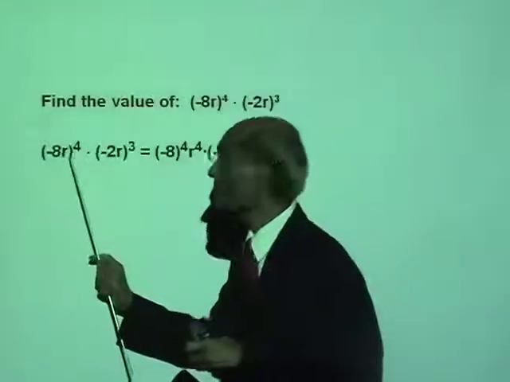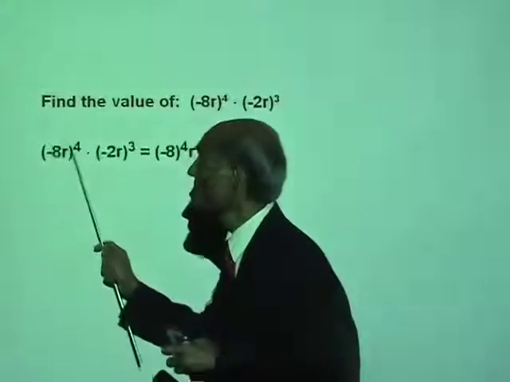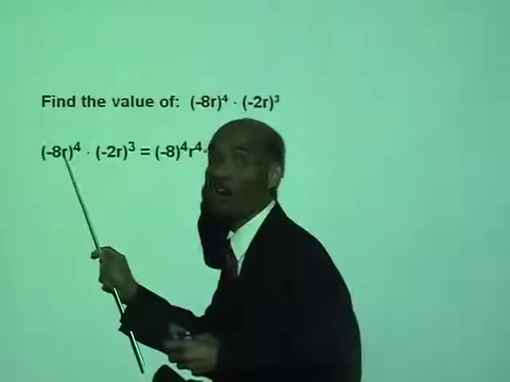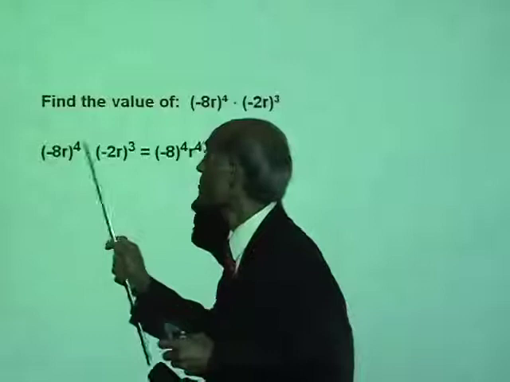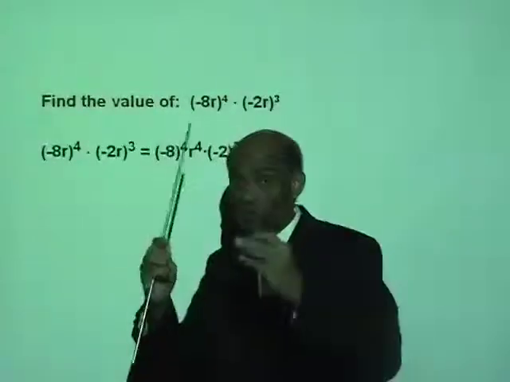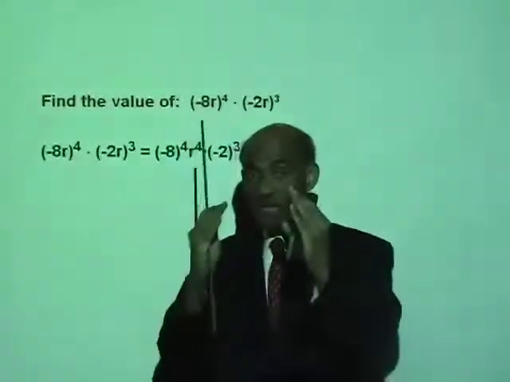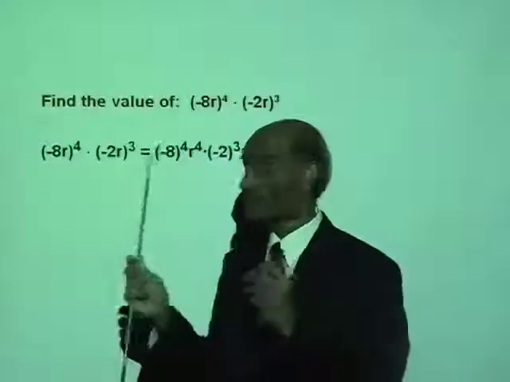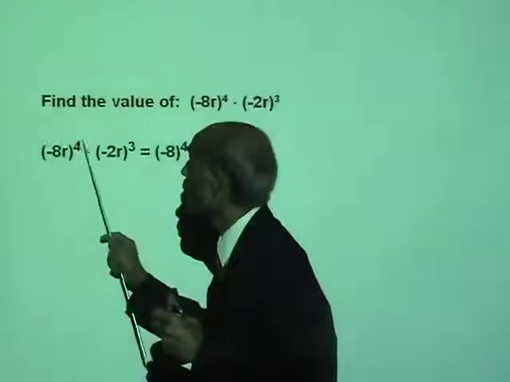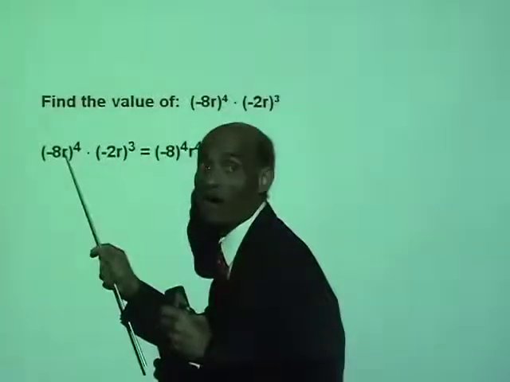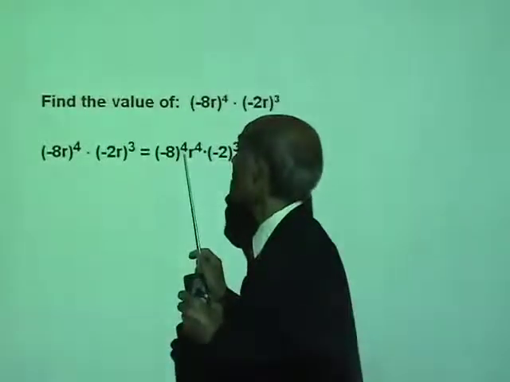So watch here carefully. The quantity negative 8r raised to the power of 4 is the same as the number negative 8, put that in parentheses, you are raising the power to negative 8, the number negative 8 raised to the power of 4 multiplied by r raised to the power of 4.